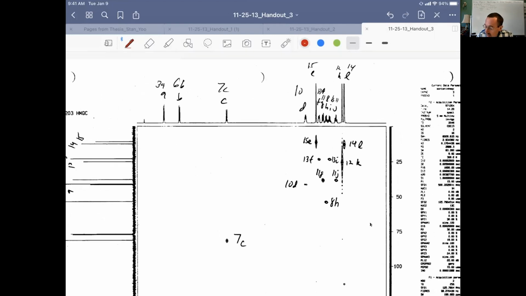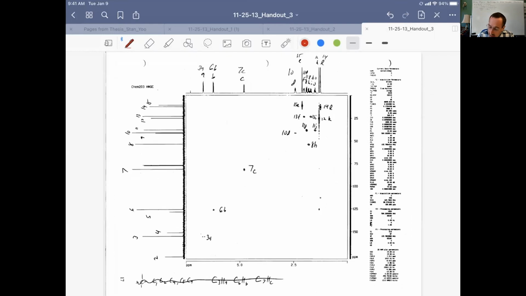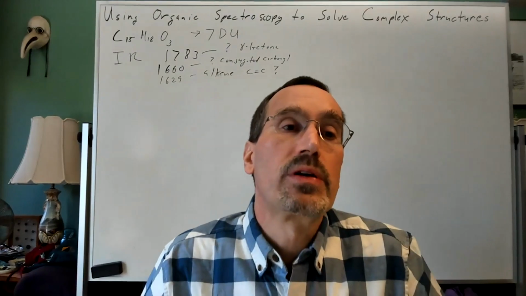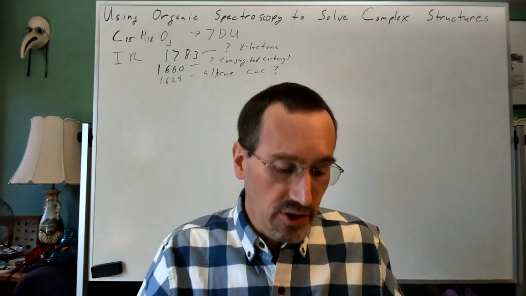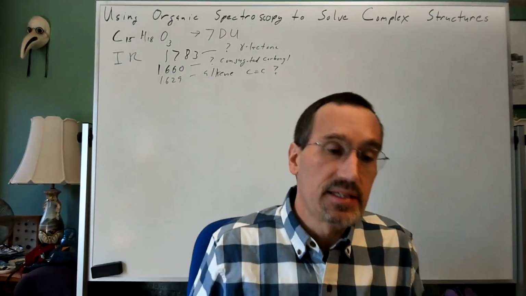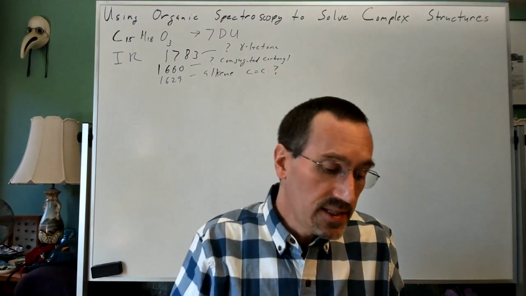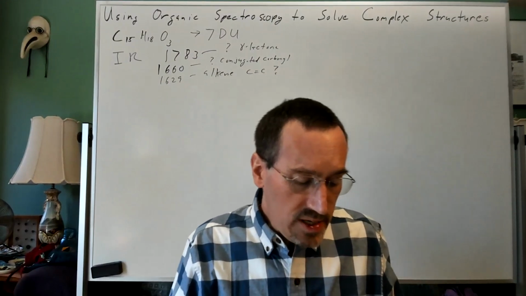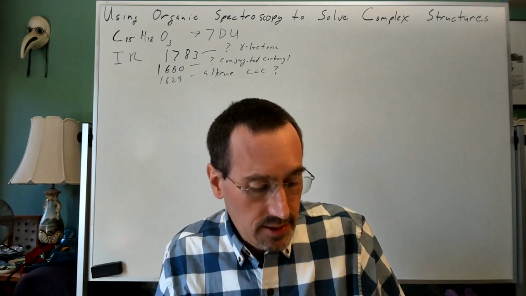So that's going to be our working Rosetta Stone for this problem. And that's where I've stopped on your handout 3, the low level analysis that I thought wouldn't be as fun to take you through. Any questions at this point?